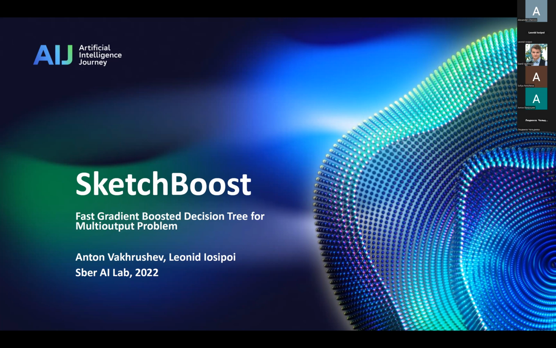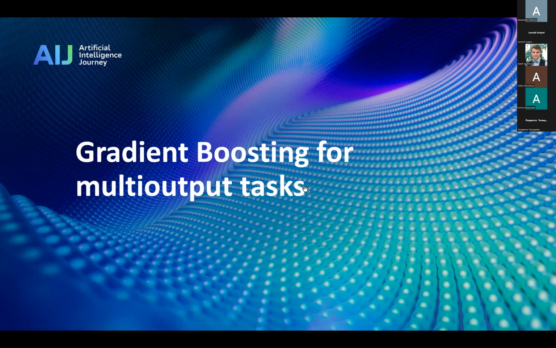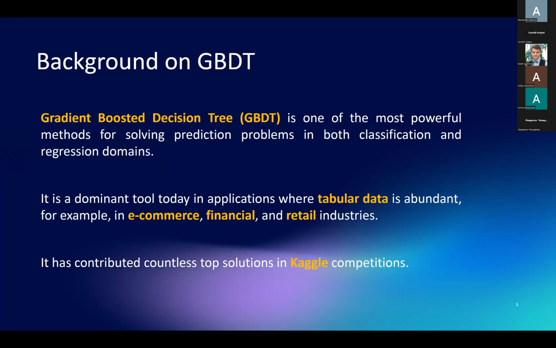First, I want to give a little introduction about what we were doing and why, to have some background. I assume everyone knows what gradient boosting with decision trees is. For the moment, it's a state-of-the-art algorithm for solving classification and regression tasks on tabular data.